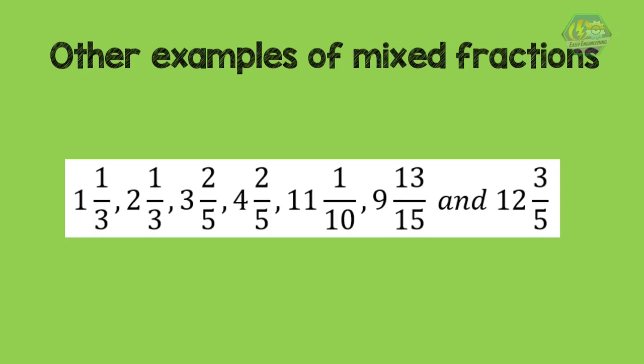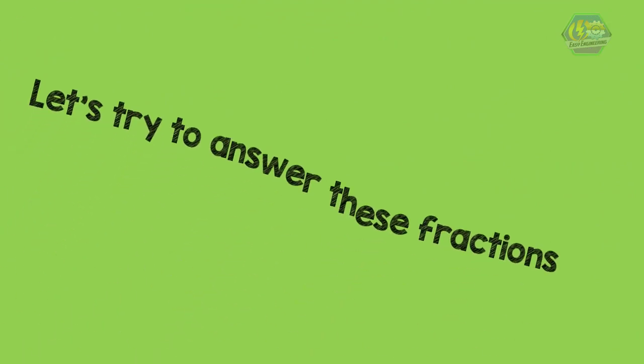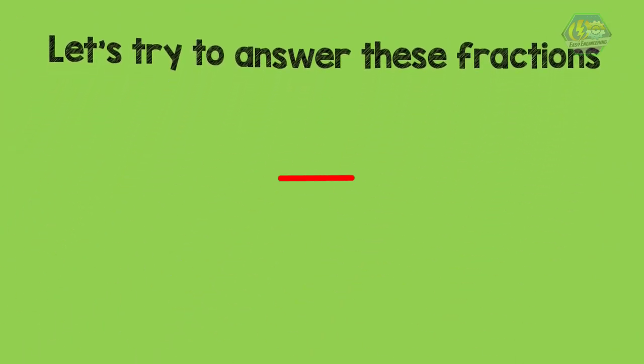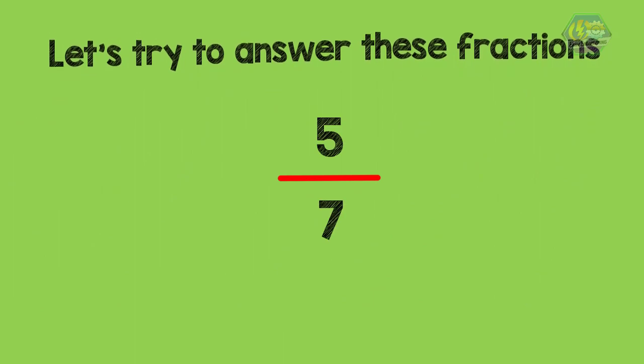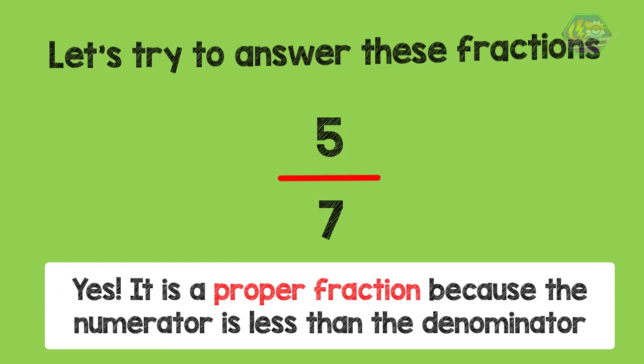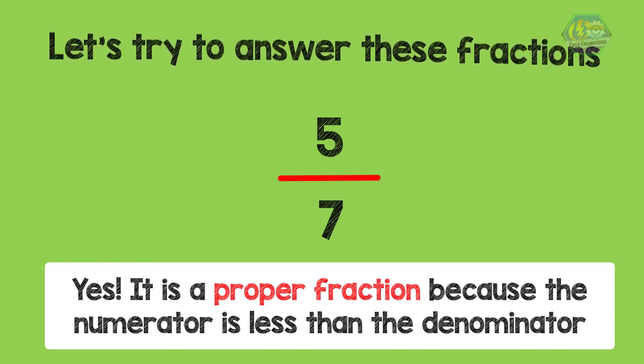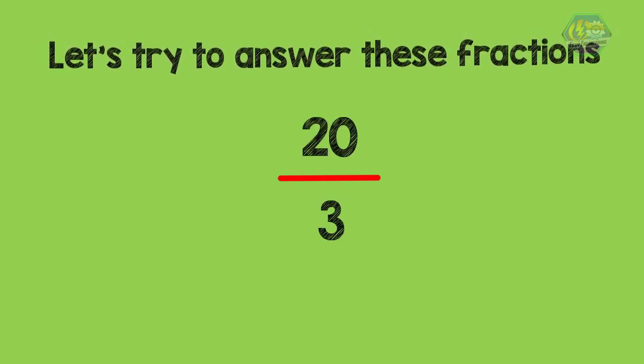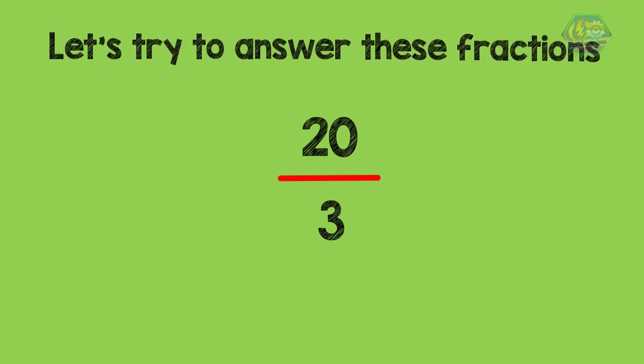But before we end this video, let's identify whether this fraction is a proper, improper, or mixed fraction. So what type of fraction is this? Yes, it is a proper fraction because the numerator is less than the denominator. How about this fraction? What type of fraction is this?